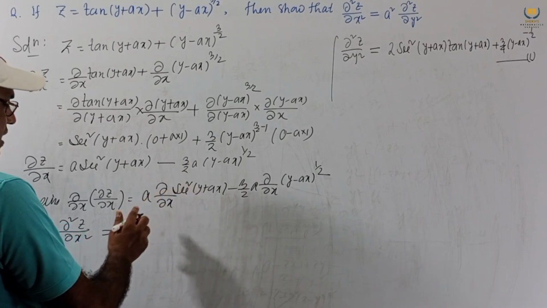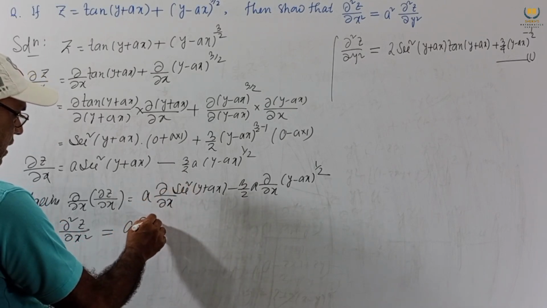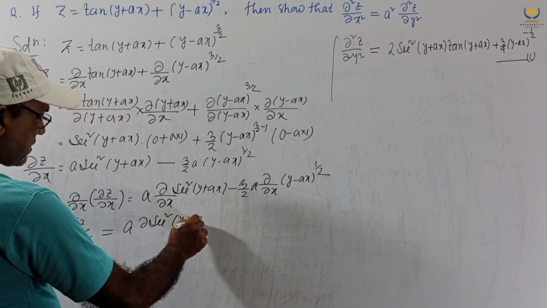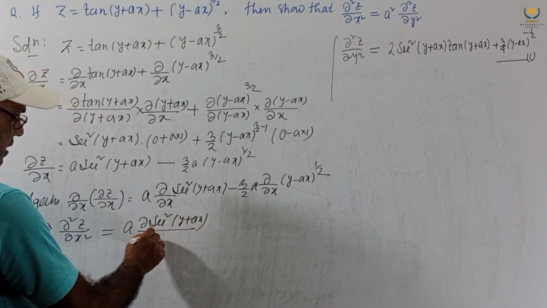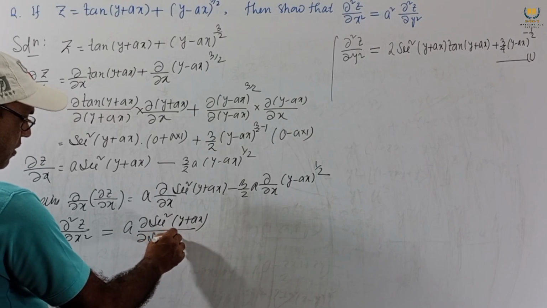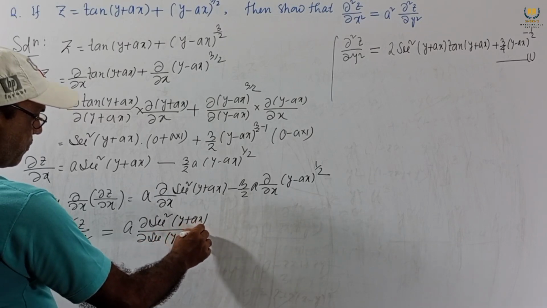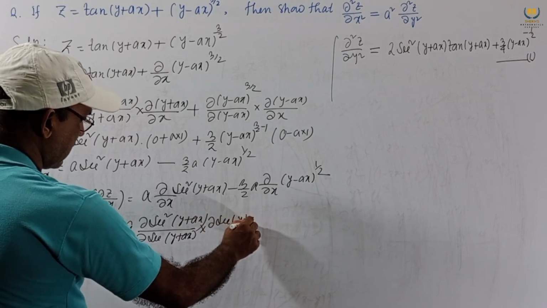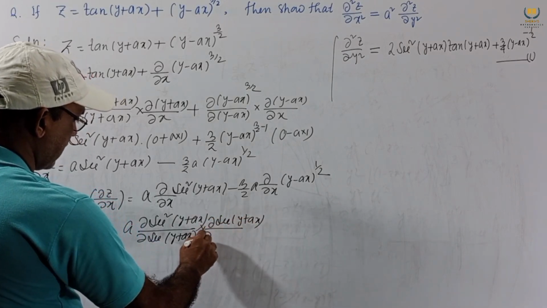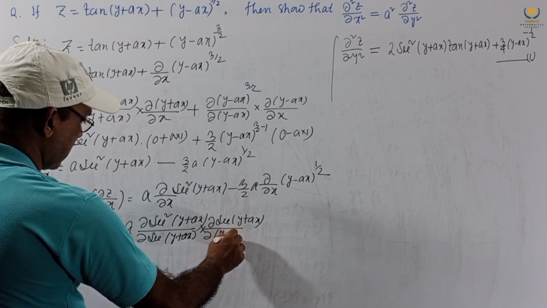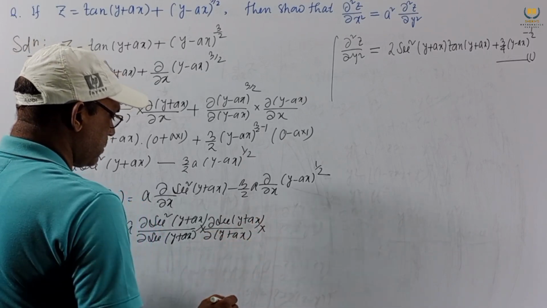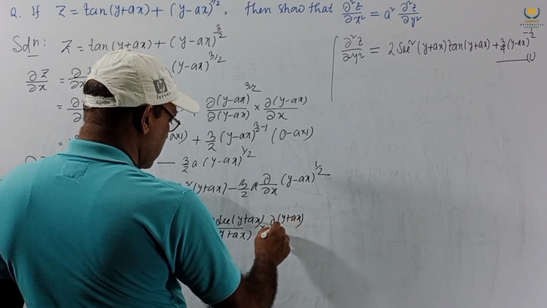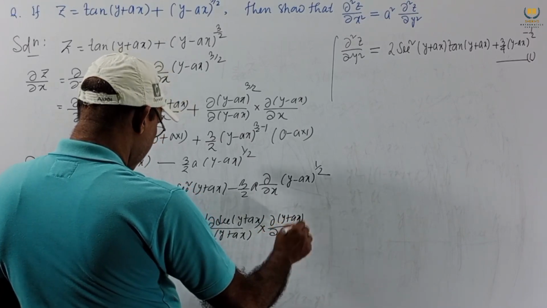And again using the chain rule, del sec square (y plus ax) by del sec (y plus ax) into del sec (y plus ax) by del (y plus ax) into del (y plus ax) by del x.